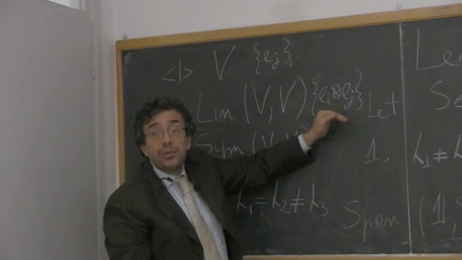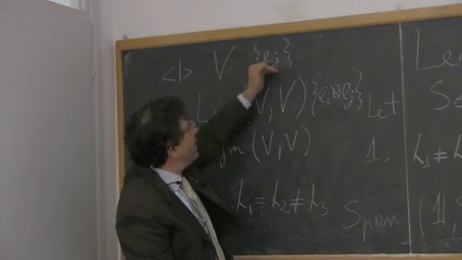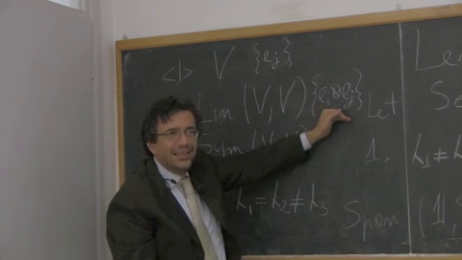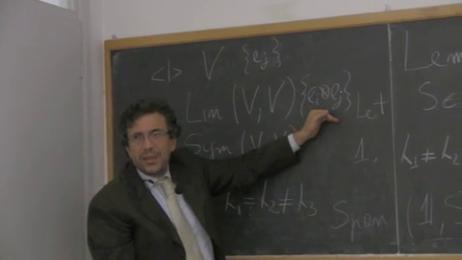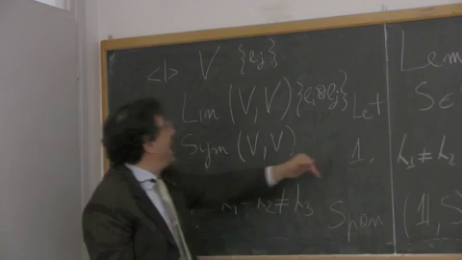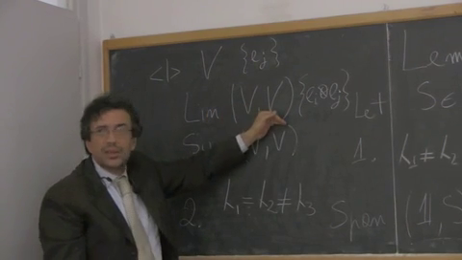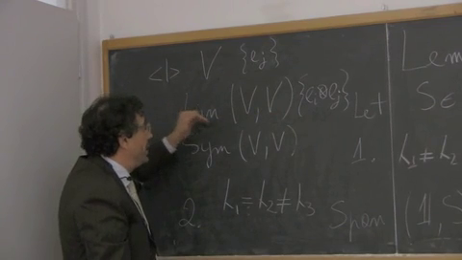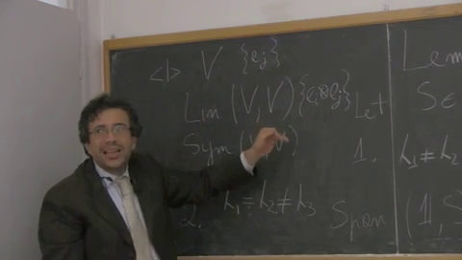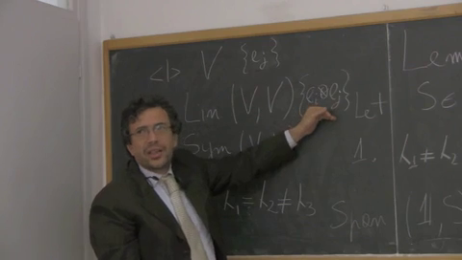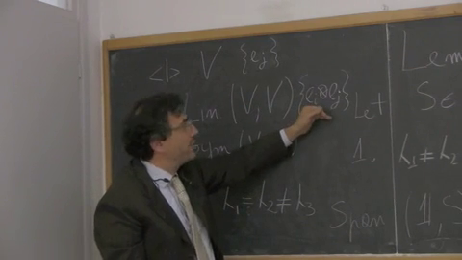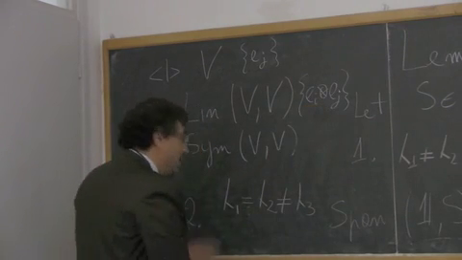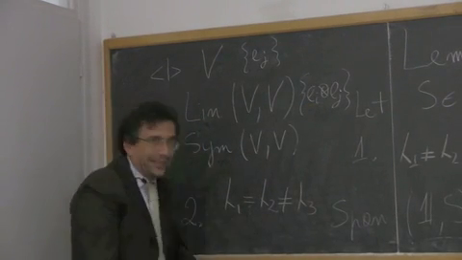Okay? Now, what is wonderful? If e_j is a basis, then this set of linear maps represents a basis of Lin(V,V). So every linear map in Lin(V,V) can be uniquely constructed as a linear combination of these tensors.